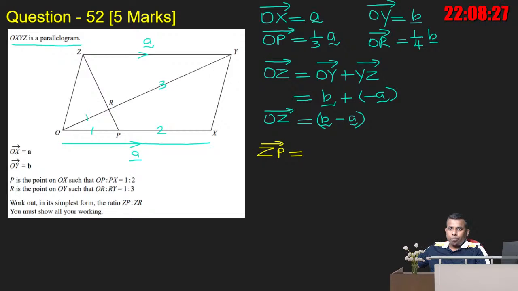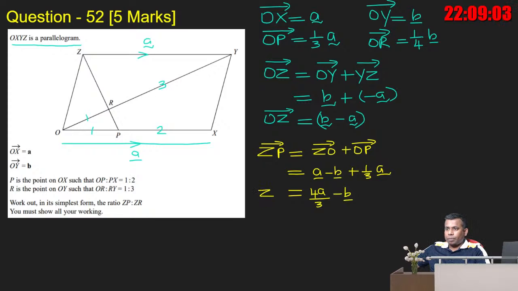SP, I can go for S to O plus O to P. S to O is minus of O to S, which is A minus B, plus O to P. O to P is 1/3 of A. Collecting like terms, 4A over 3 minus B. So that is SP.